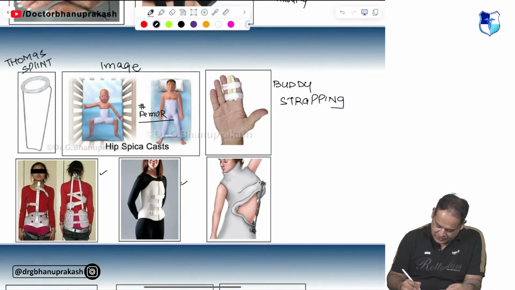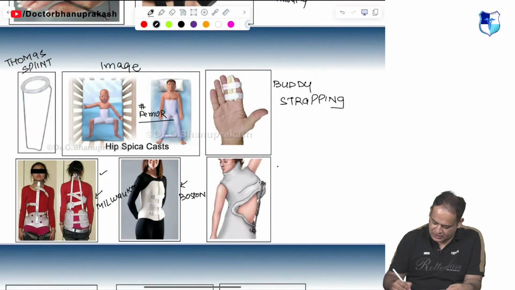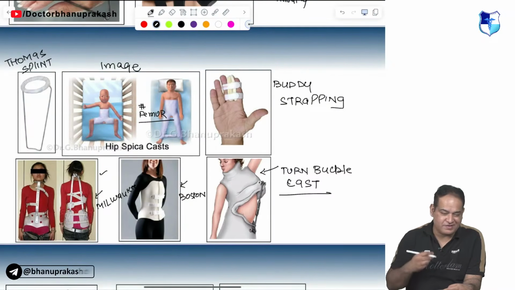This one is Boston brace. This one is Milwaukee. This is just a repetition. We have already studied these. Now, this one is turnbuckle cast. It is not a splint. It is a cast.